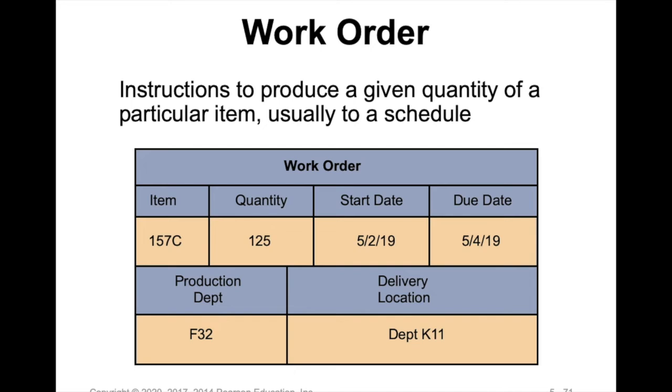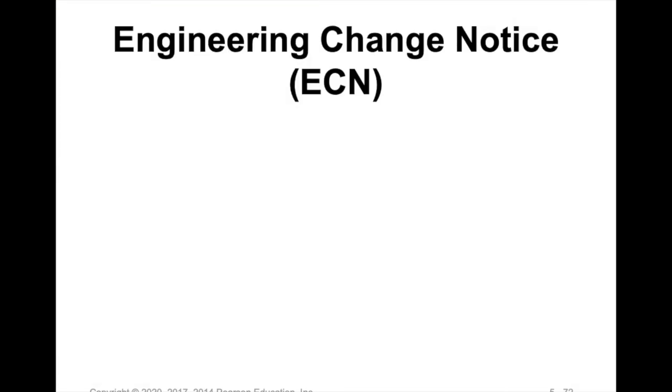Maknanya 2 May 2019 until 4th May 2019 the schedule is 125 pieces of item 157C. So production department yang terlibat ialah F32 dan delivery location is department K11. So this is work order atau instruction.